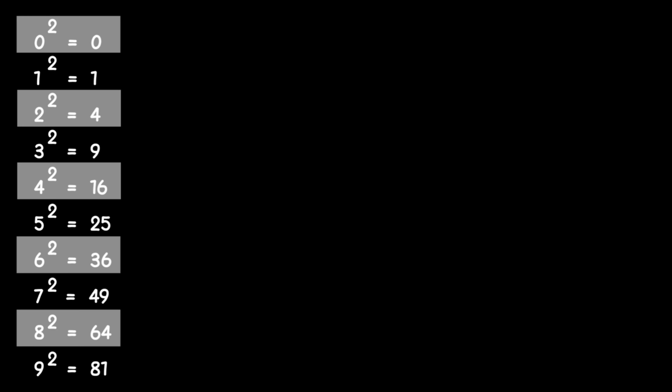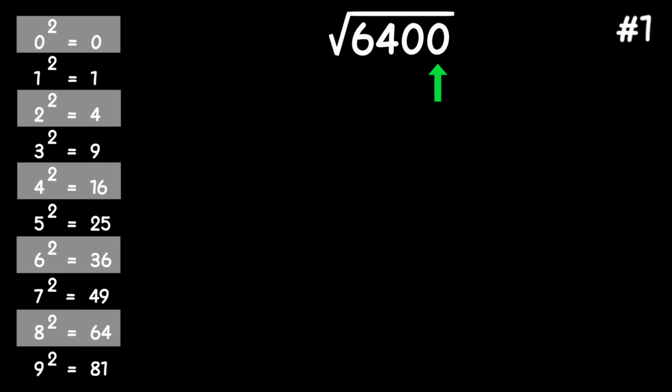Let me illustrate the method with an example. Starting with a simple one. Calculating the square root of 6400. First, look at the last digit of 6400, which is 0. Now identify the square whose last digit is also 0. There is only one option, which is 0 squared. So place a 0 here. Next, cross the last two digits, leaving us with the number 64.